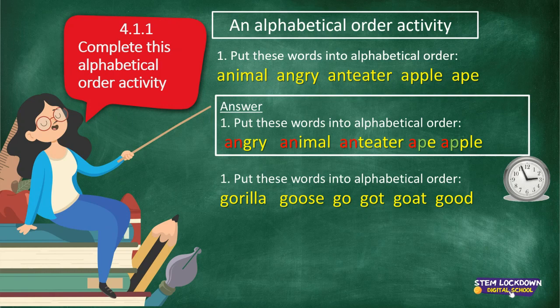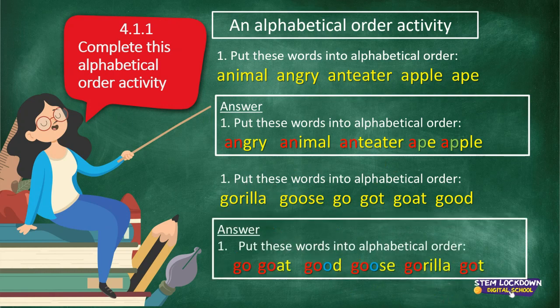You got them? Go is first, then goat, then good, then goose, then gorilla, and then got.